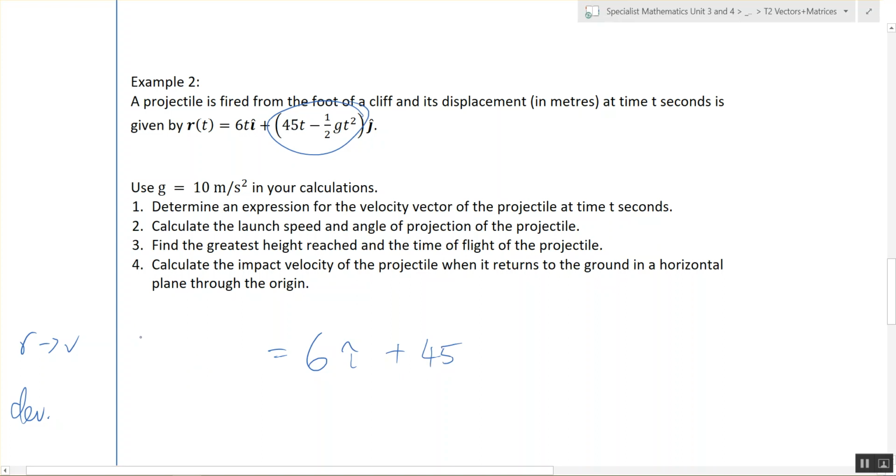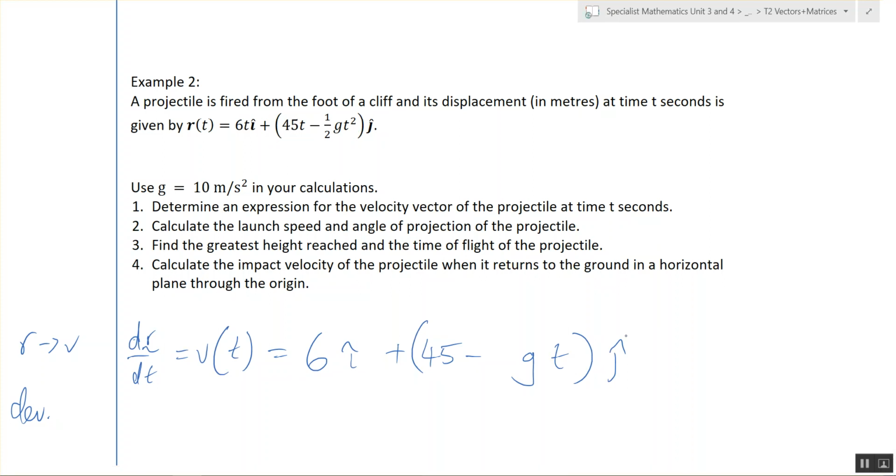That is completely wrong. dr/dt, squiggle under the r, equals v(t). Everyone happy with that? Do we need a plus c? No, because we're differentiating, yeah.